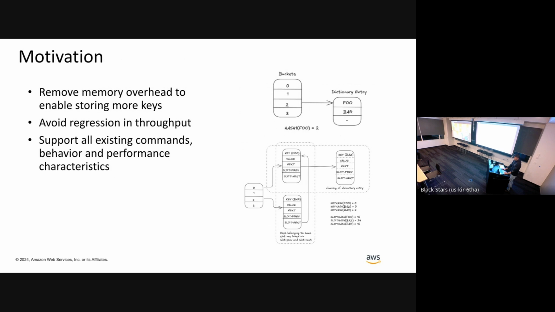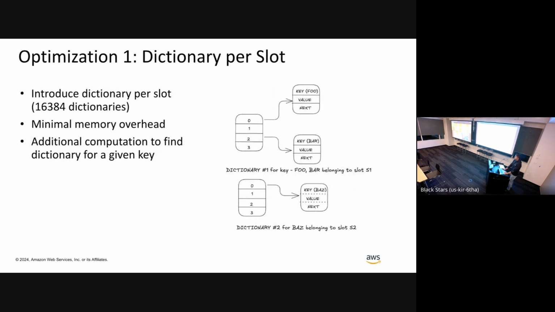So we came up with two different optimizations. The first one is primarily for cluster mode. What we decided is that we don't want to maintain those two additional pointers coming from slot previous and slot next. Rather, we could have an independent dictionary per slot to segregate data across slots into different dictionaries.